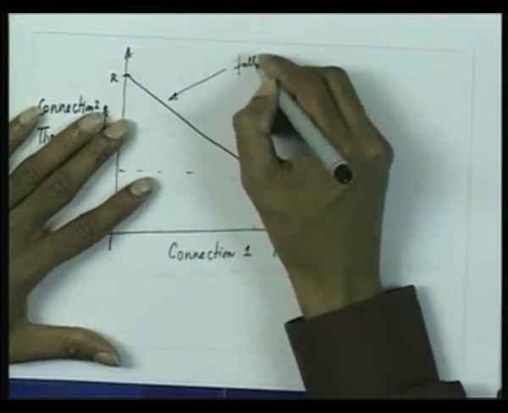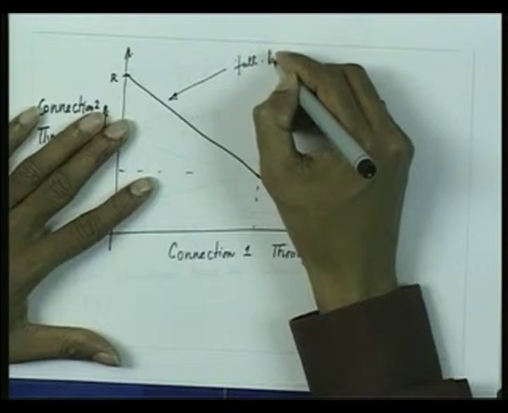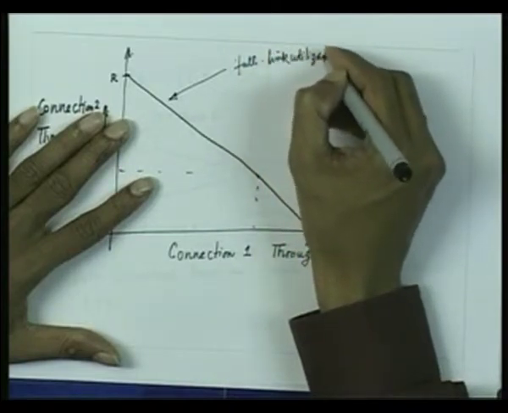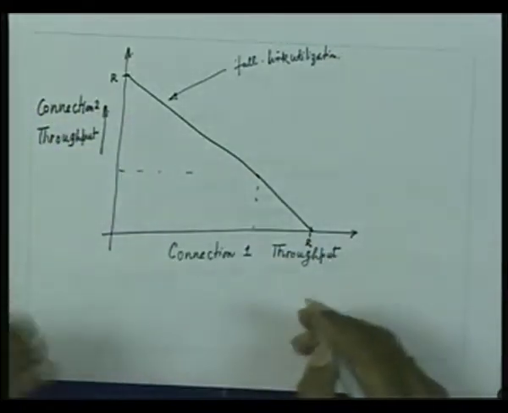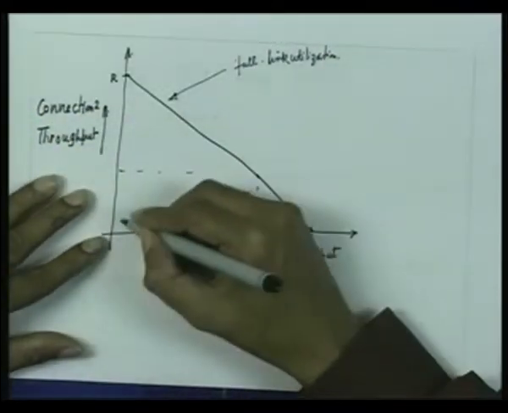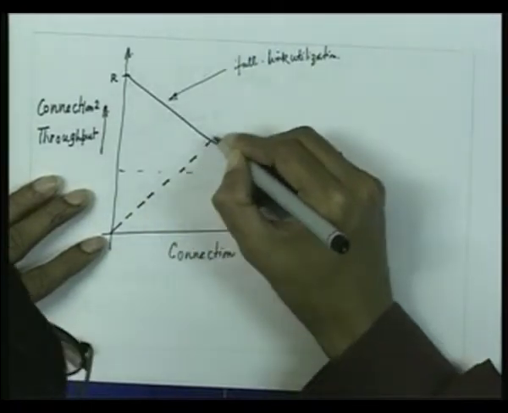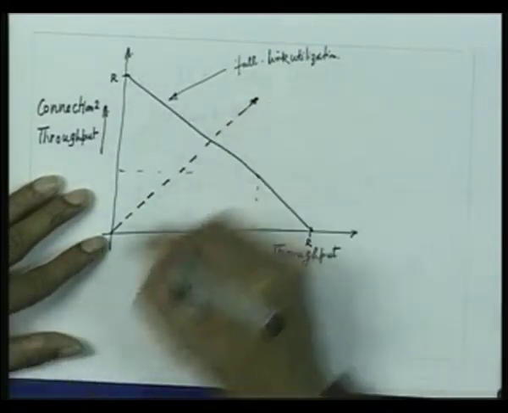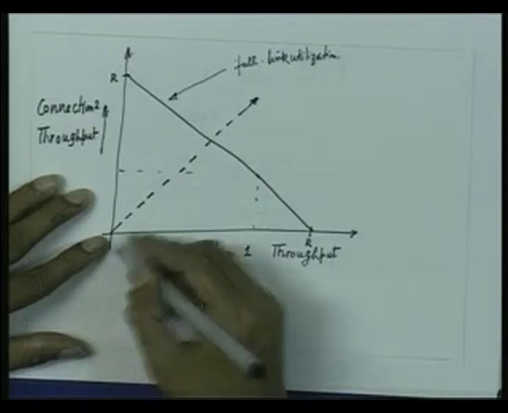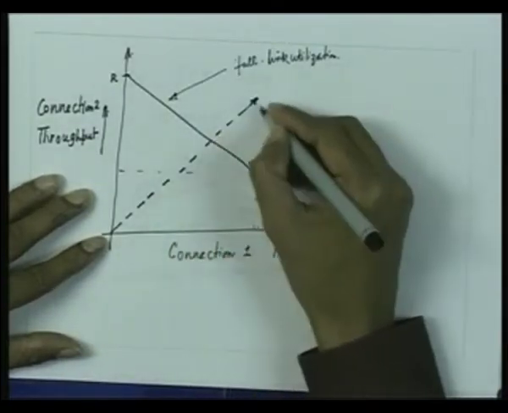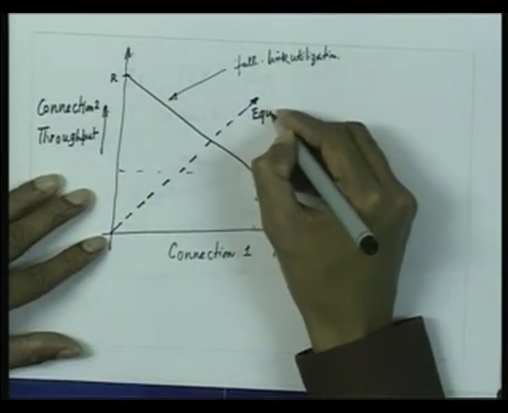So this indicates the full link utilization line. Now if I plot a line with 45-degree angle here, this line will give me a line with the equal bandwidth share.